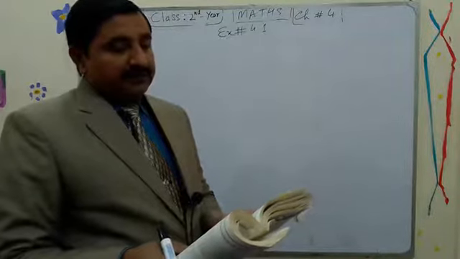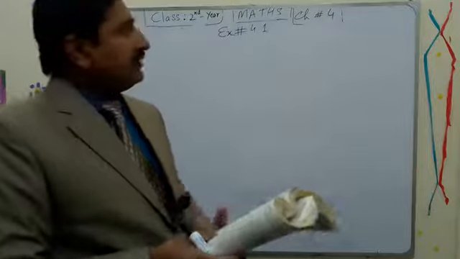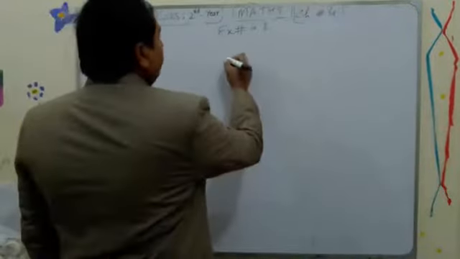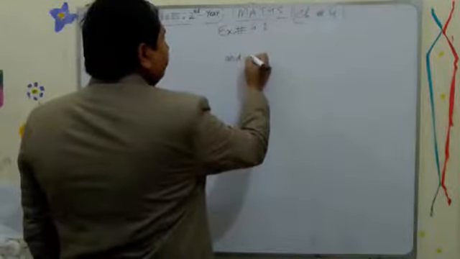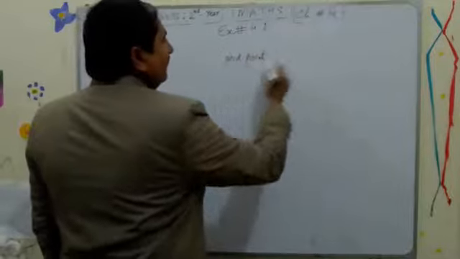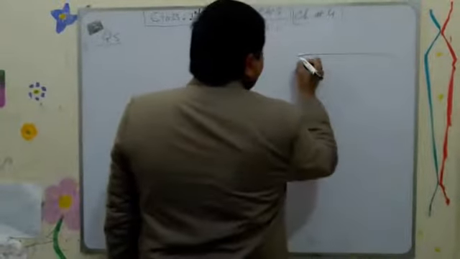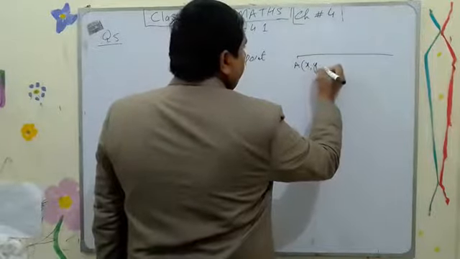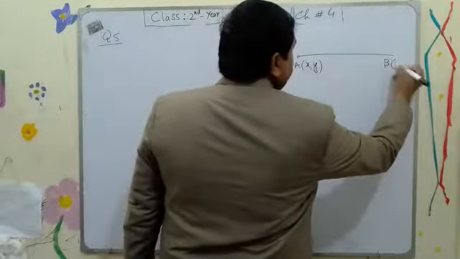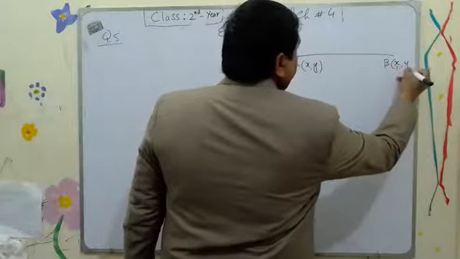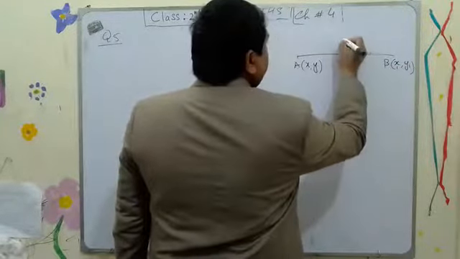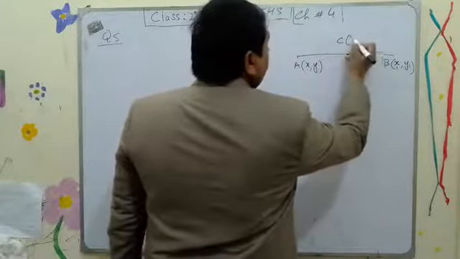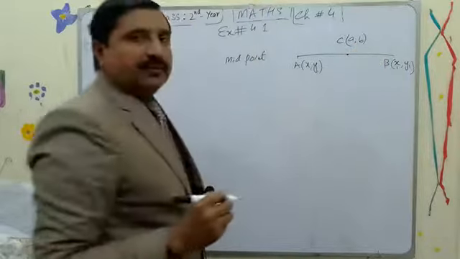In question number 5, there is a use of the midpoint formula, so I will repeat the midpoint formula. Let's see, we have 3 points. Let point A be x, y, and point B be x1, y1. Let point C be the midpoint, known as (a, b).